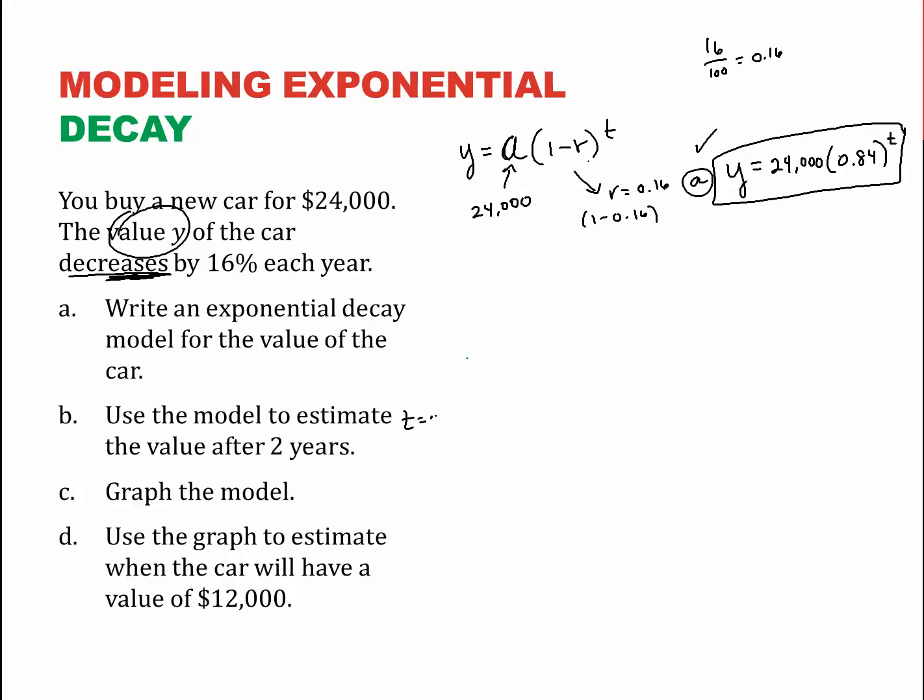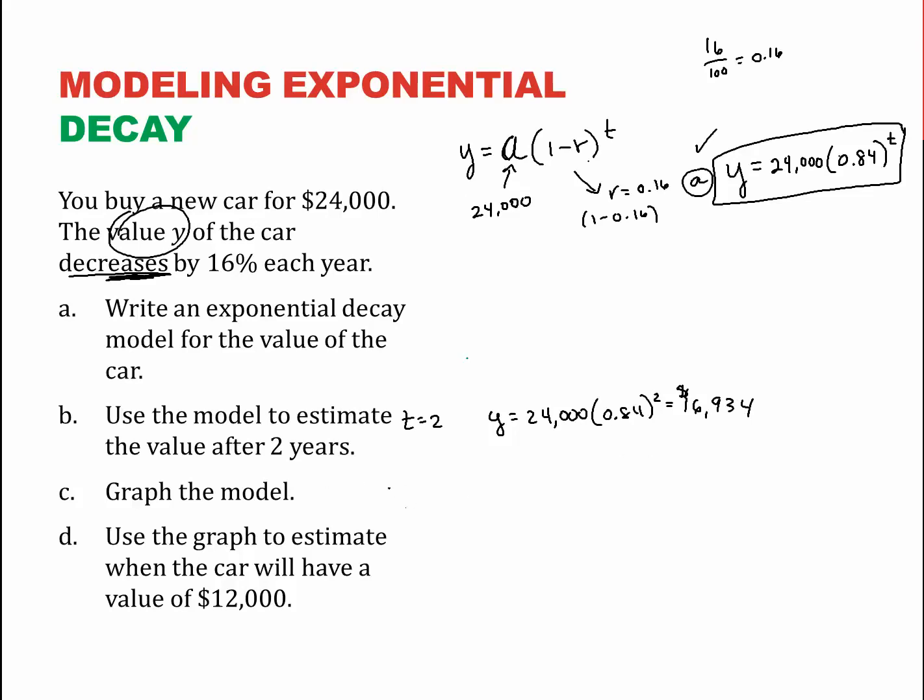So when T equals 2, Y equals 24,000, 0.84 squared, and then you use your calculator. So you should be using your calculator right now. $16,934 and some cents. That's how much a car is worth after 2 years.